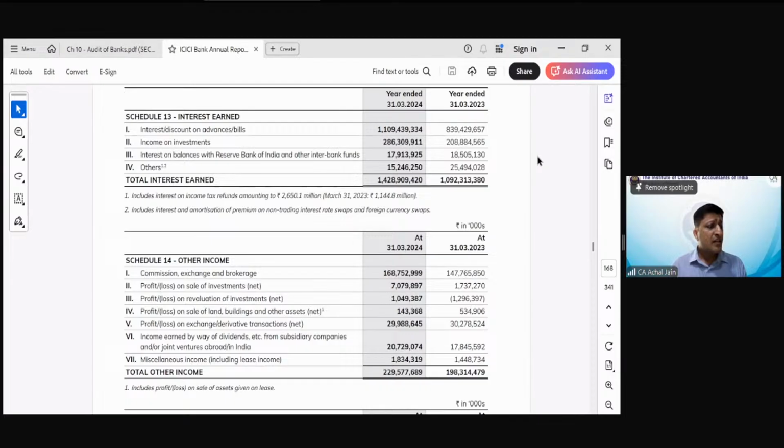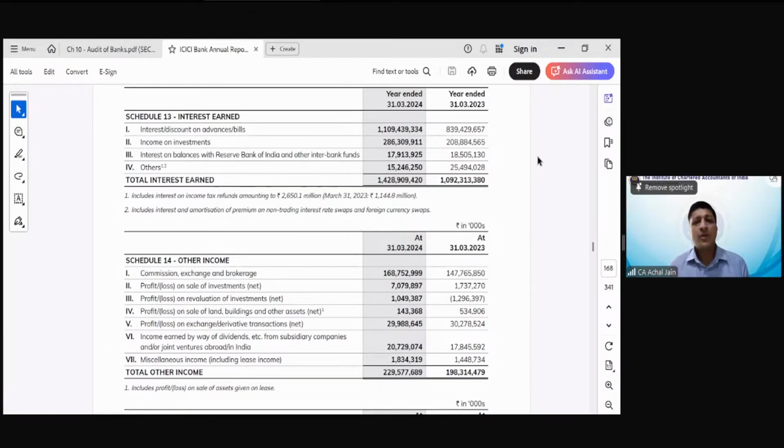Then you may have other income. Now, what is going to be this other income? It could be commission, brokerage. So banks are involved in all of these things. Yes or no? Investments which are sold, profit or loss on that. Investments which are unsold, but which are revalued, so any gain or loss on revaluation.